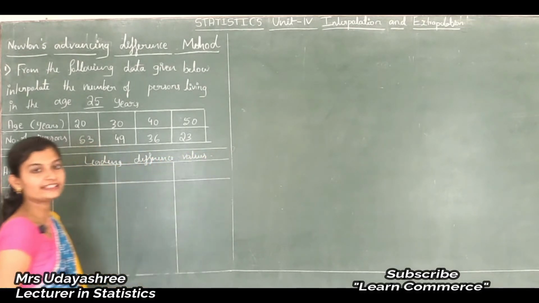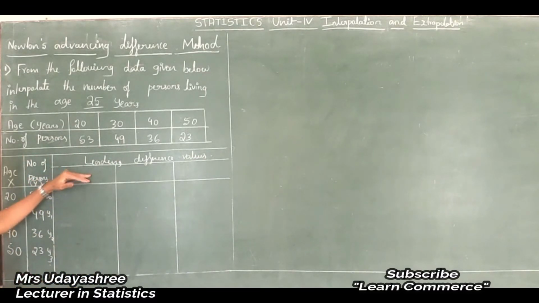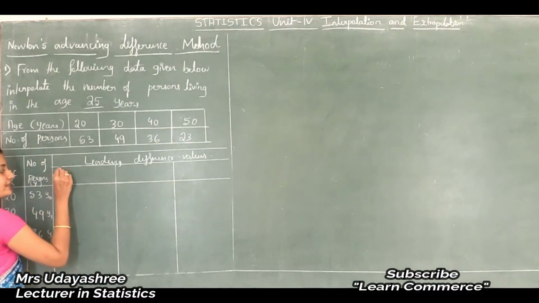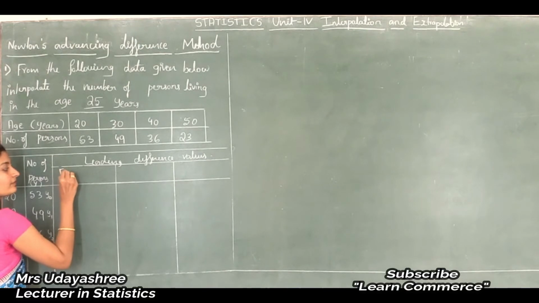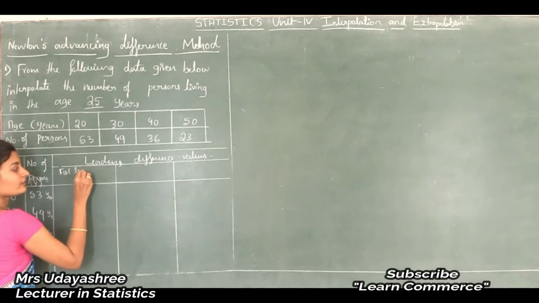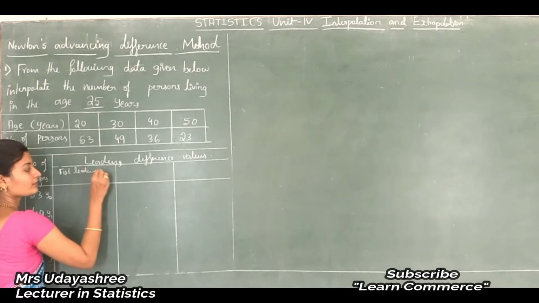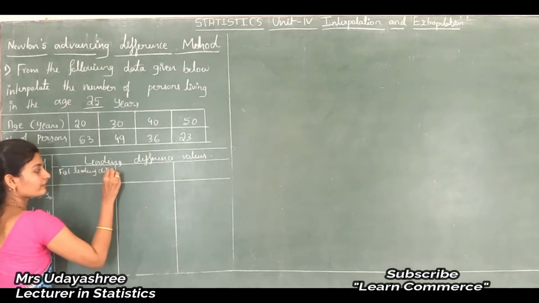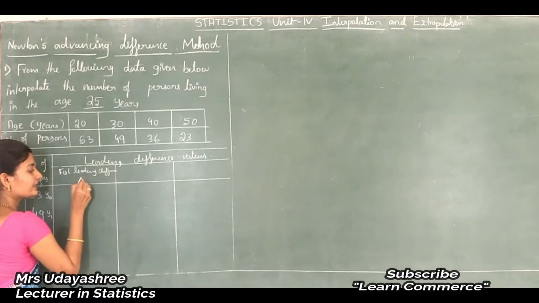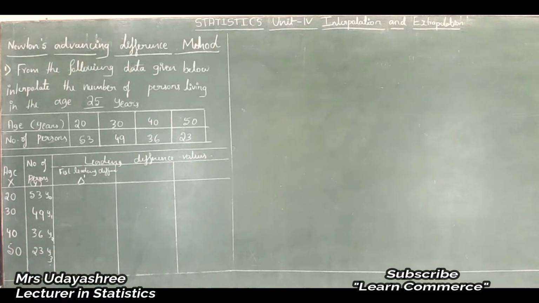So how to find leading difference values? The first column is the first leading difference, that is delta 1. How to find the first term of delta 1? That is y1 minus y0.